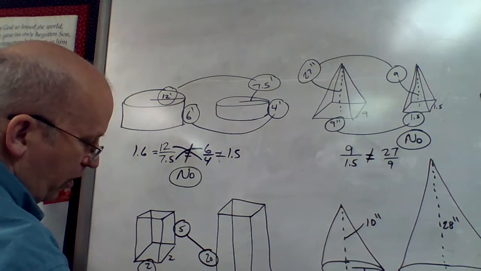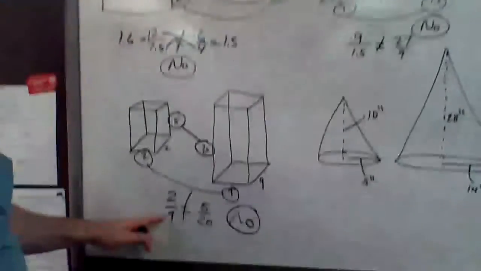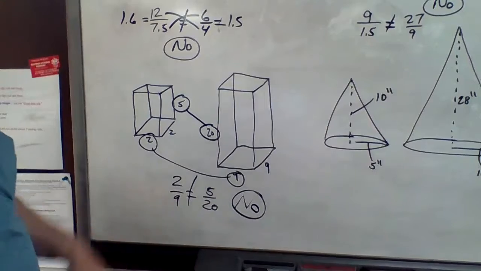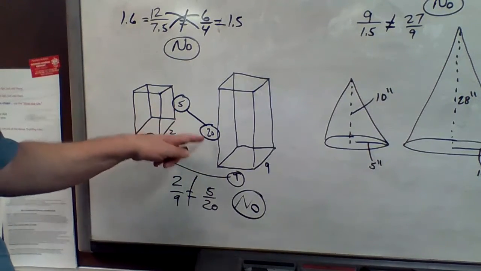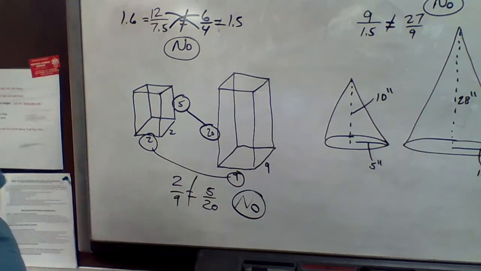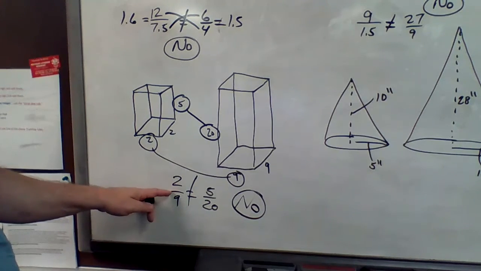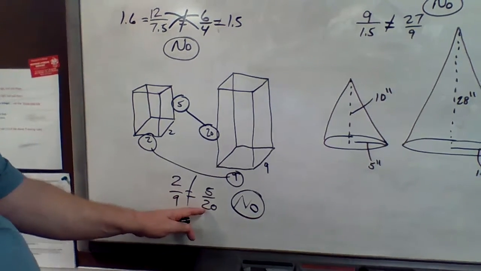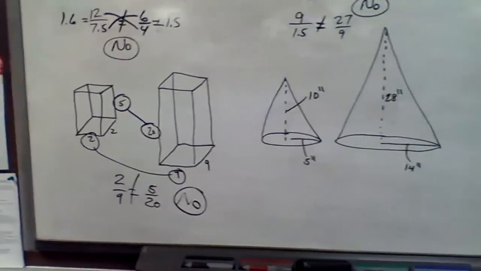So no, these are not proportional. Or if I went the other route, change this into a decimal number. 2 is to 9 as 5 is to 20. Is 2 times 20 equal to 9 times 5? No, they're not equal. Again, this is 0.2 repeating, and this is 0.25. So again, they're not equal if we change them into decimal numbers.